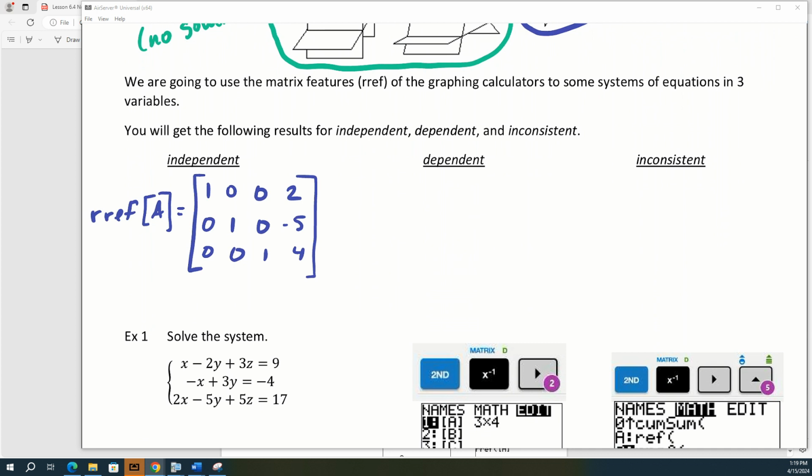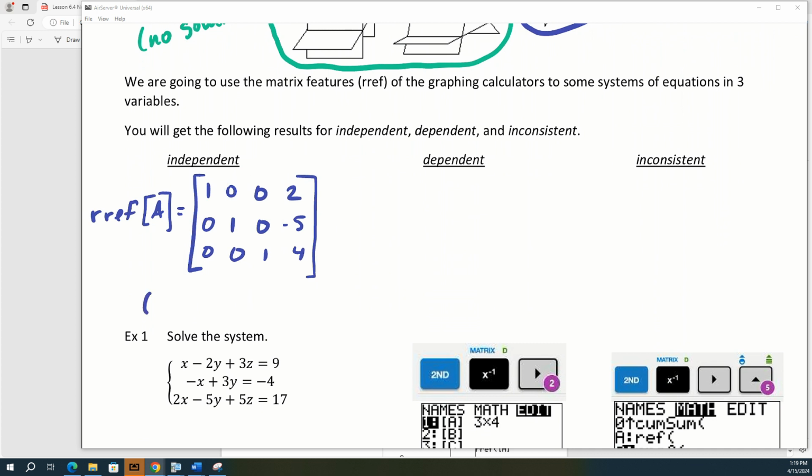All right, this is what we want to see. We want a diagonal of ones, and in the first 3 columns, the other numbers that aren't on the diagonal are all zeros. Then your solutions come from the last column. Your solution is what's called an ordered triple.